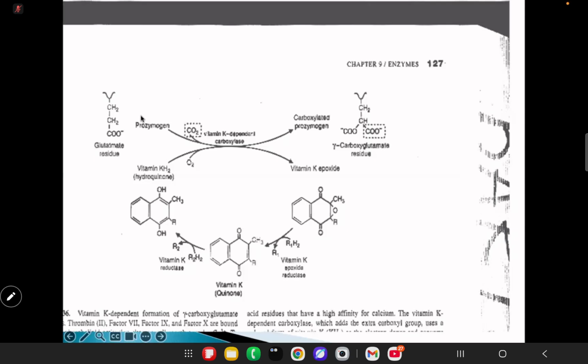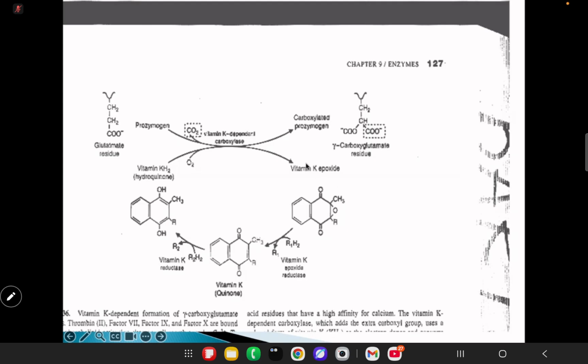That's the one. The procoagulants are inactive factors 2, 7, 9, 10. Factors 2, 7, 9, 10 are dependent on vitamin K, so the precursors are these four factors. They become activated by becoming carboxylated. So all factors 2, 7, 9, 10 will be activated by use of vitamin K. In turn, the vitamin K becomes epoxide, which is the inactive form.